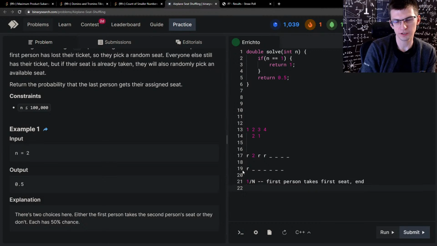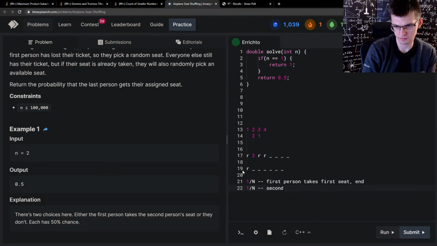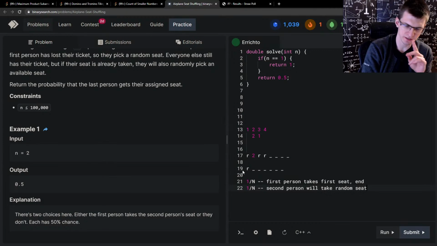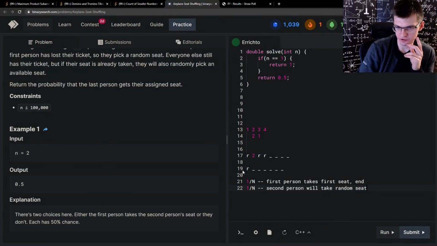Then, with probability 1 over n, the first person took the seat of the second person, and the second person will take a random seat, possibly the seat of person 1, and that would also be the end. I'm not sure here.